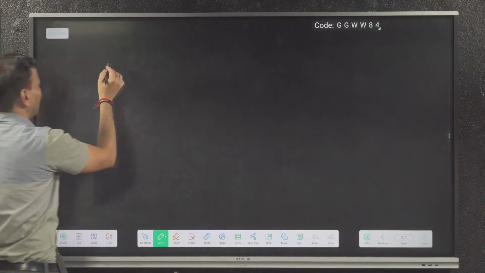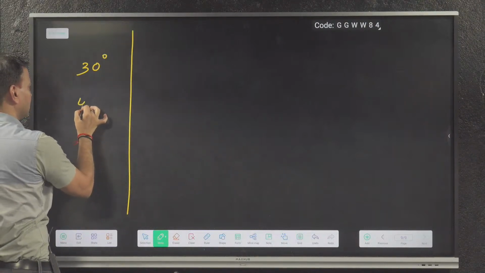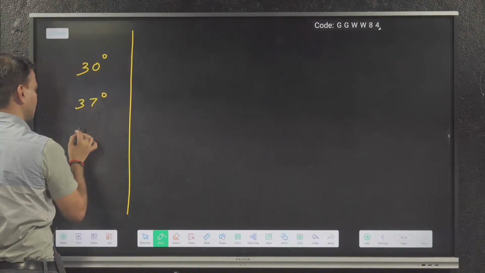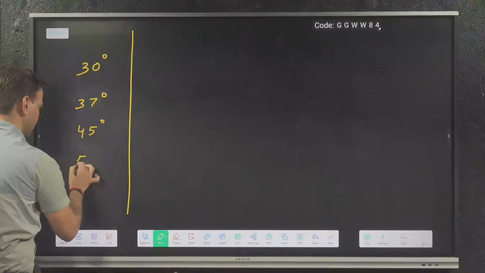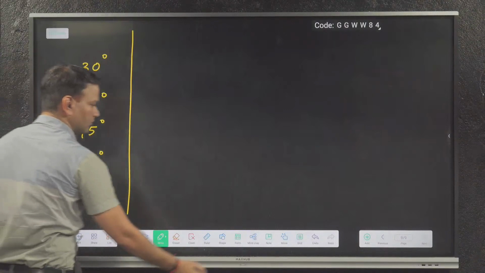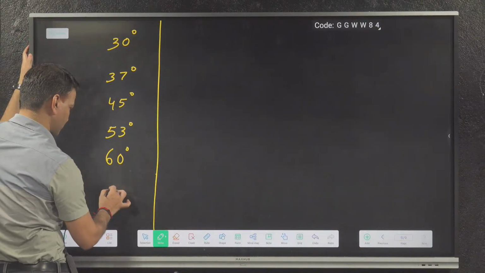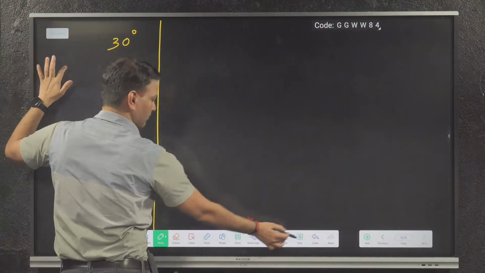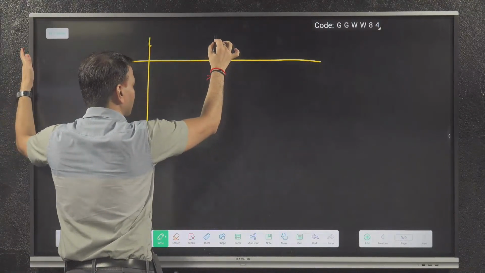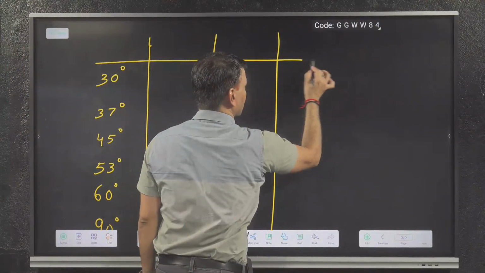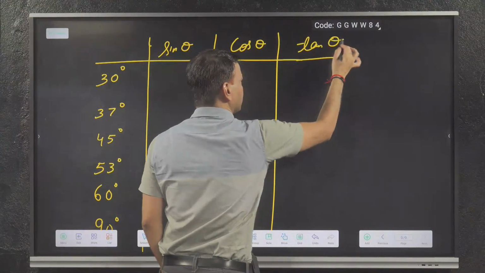So everybody knows these values. I'm just writing the angles and all, which you have to remember. In these three only we have to remember.